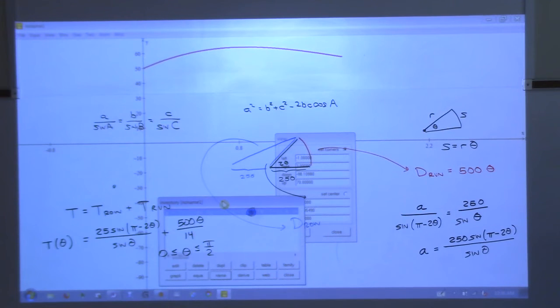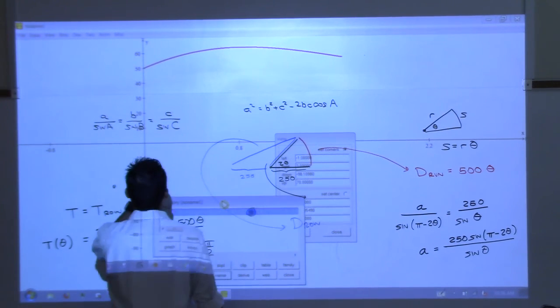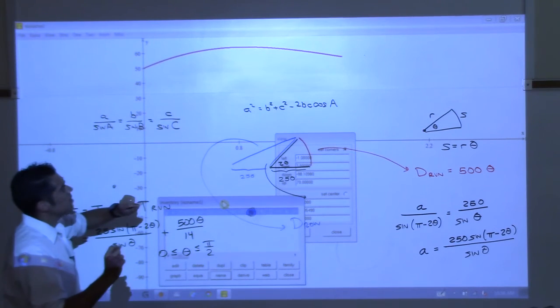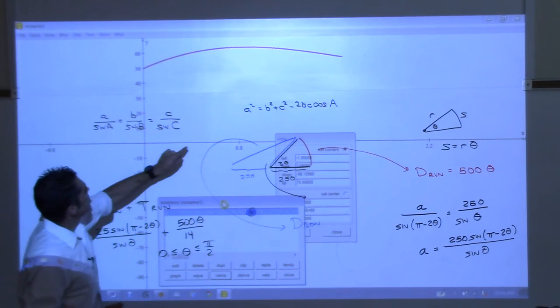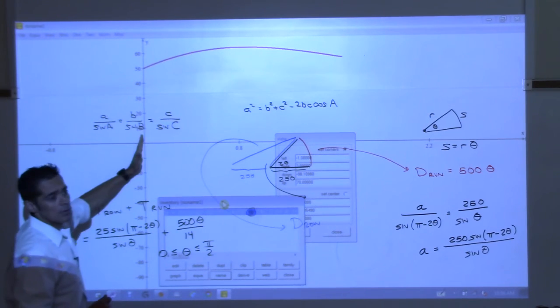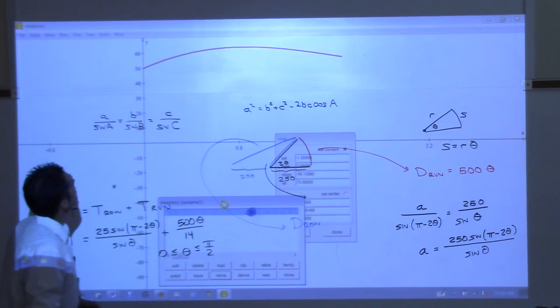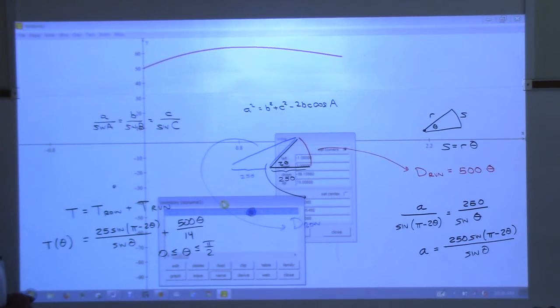That's my time function. It's hard to tell, but it's looking like, to do the shortest time, I should let theta be 0. Because that looks like I'm going to get 50, right? That should be the lowest point. Doesn't it look like the lowest point to you?